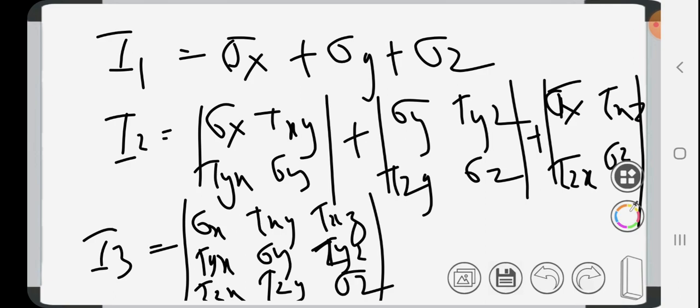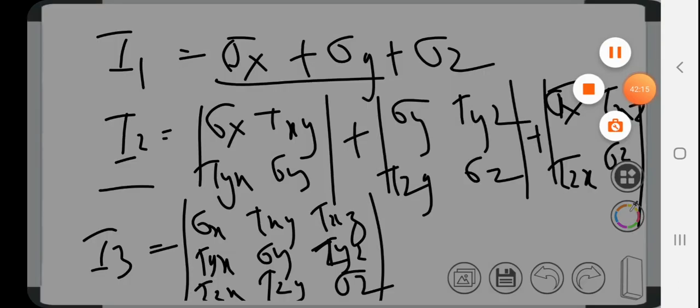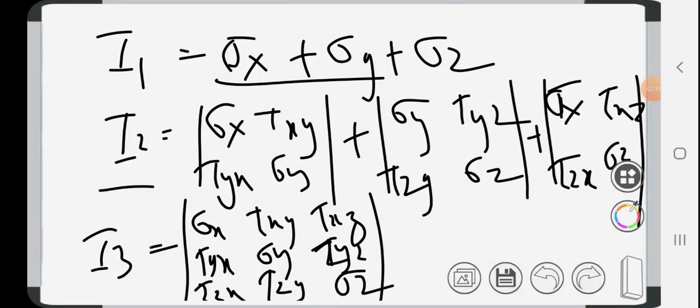This determinant is I3, and this will be I1.